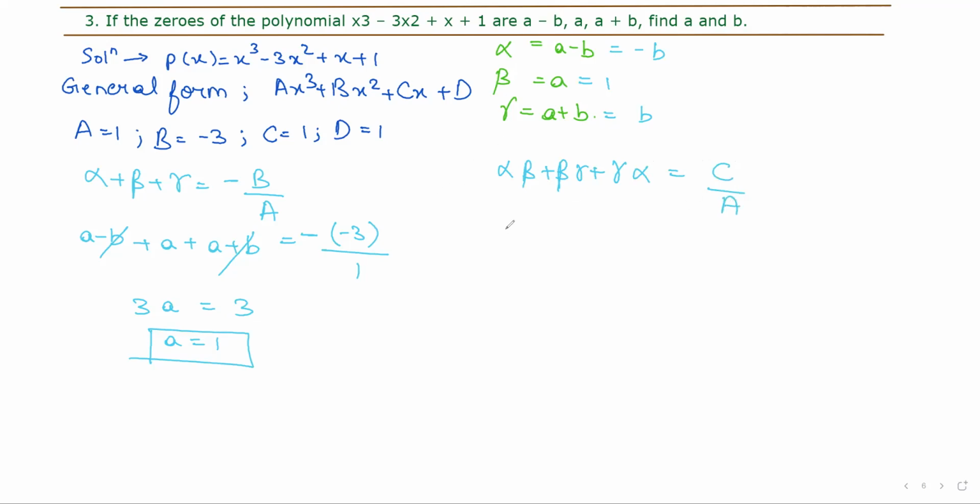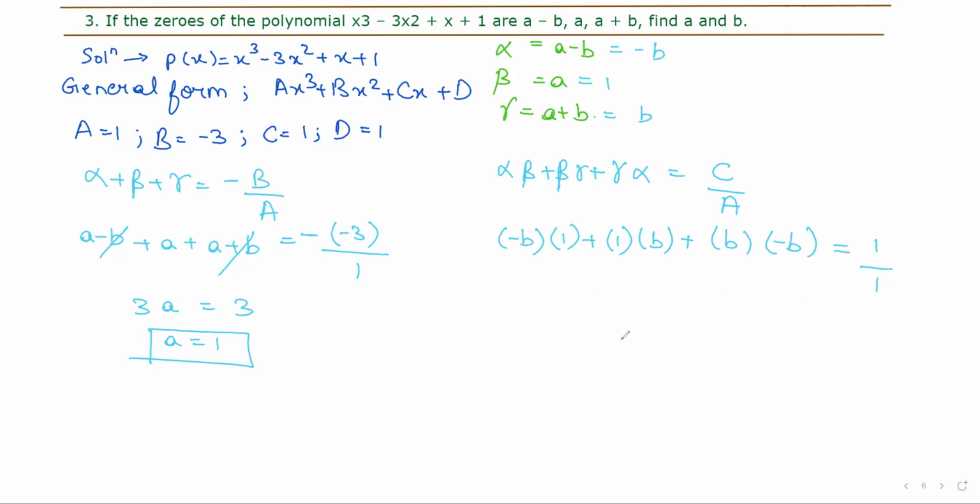Substitute the values. Alpha is minus b, beta is 1, beta is 1, gamma is b, gamma is b, and alpha is minus b, is equal to c value is 1 upon a value is 1.